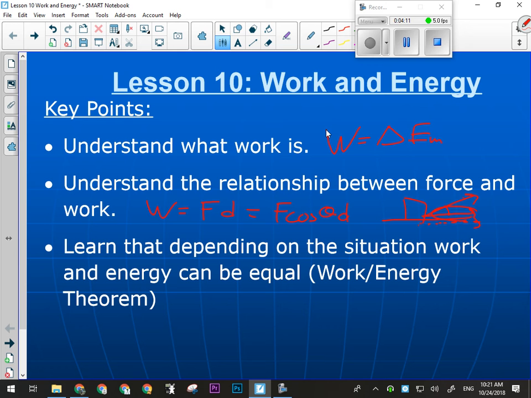Last thing, learn that depending on the situation, work and energy can be equal. If I do work on something that initially had no energy, then all the work I do will become its mechanical energy. So if it had 0 joules of energy and I do 100 joules worth of work on it, it will now have 100 joules worth of mechanical energy, be it kinetic, potential, or both.